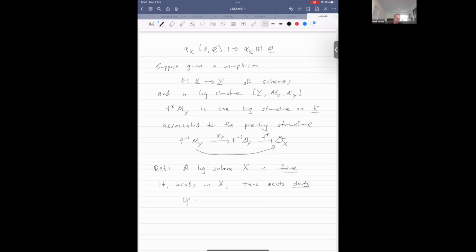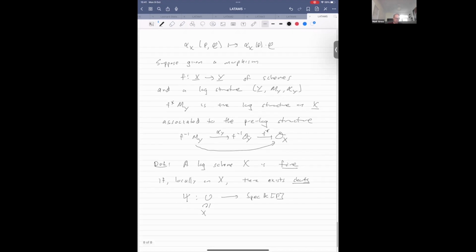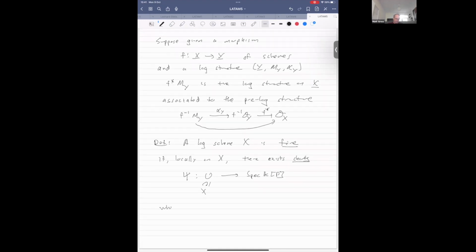So these would be maps from some open subset U of X to Spec K[P], where P is a finitely generated integral monoid.